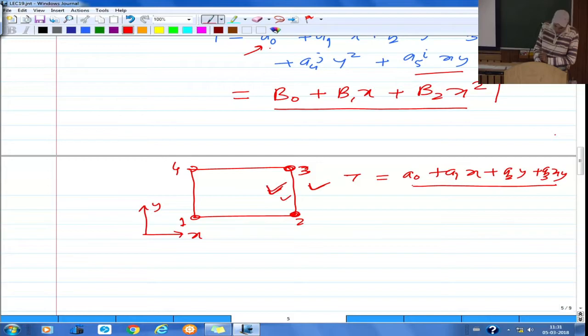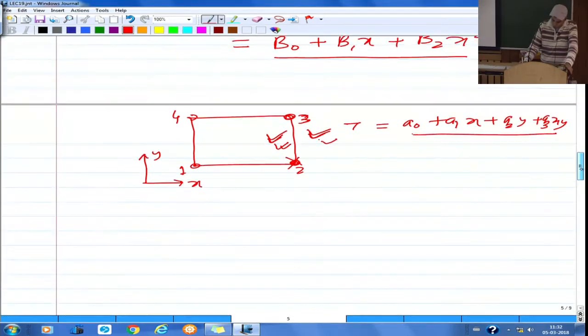It would be linear in y for this element as well as for the adjacent element. If it is linear and the values are the same at these 2 points, a linear variation in between would be unique. It would be the same whether I evaluate that variation from this element or from the adjacent element. So again we would be able to satisfy continuity of the field variable, the dependent variable, across the common edges shared by the elements.